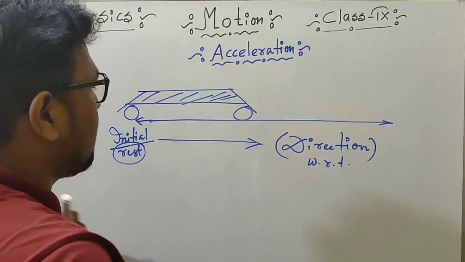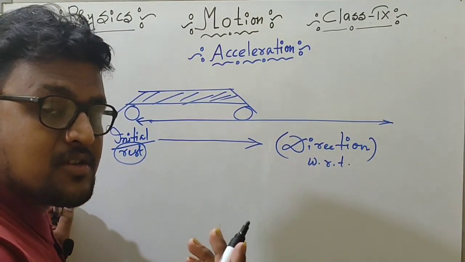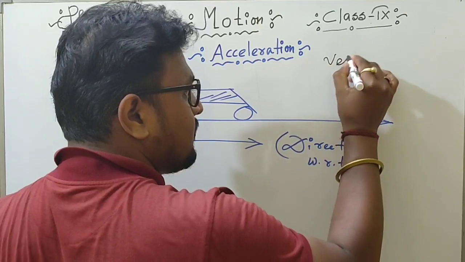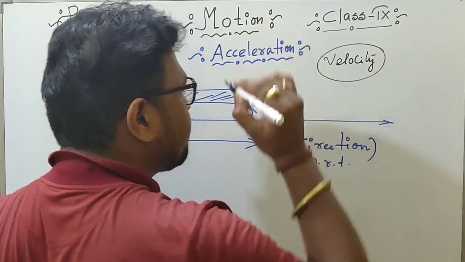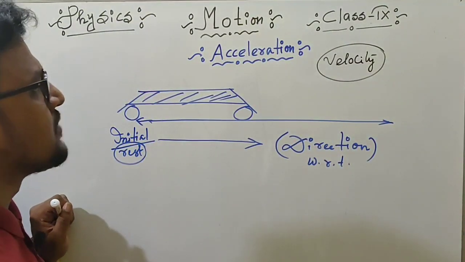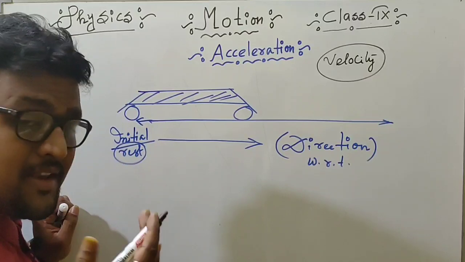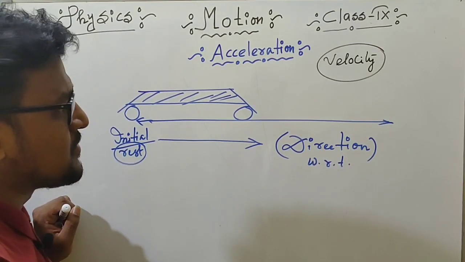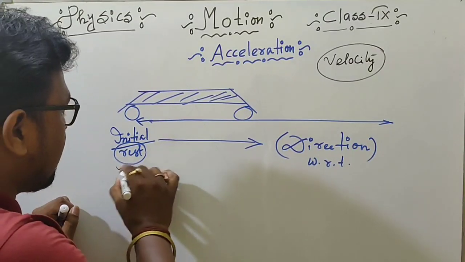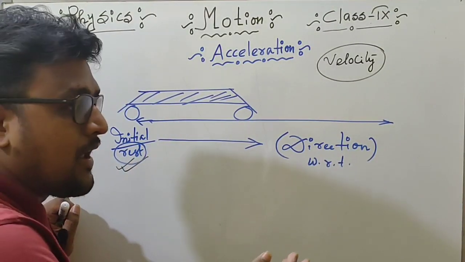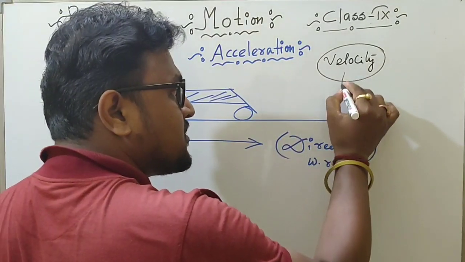As we learned, when an object travels towards a direction, that is the concept of velocity, right? So now what is acceleration? The acceleration concept means when an object travels in a particular direction from the initial rest to the moving position and reaches a particular destination, its velocity has changed.